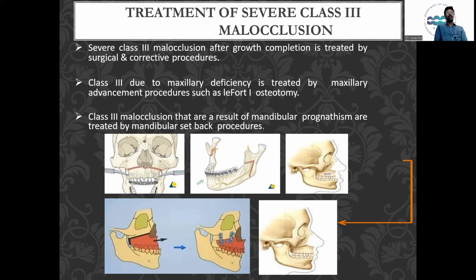Class 3 malocclusion due to maxillary deficiency is usually treated by maxillary advancement procedures such as Le Fort 1 osteotomy. Malocclusions that are a result of mandibular prognathism are treated by mandibular setback procedures. If a class 3 malocclusion has a combination of mandibular prognathism and maxillary retrognathism, it is tackled by a combination procedure, that is mandibular setback and maxillary advancement.